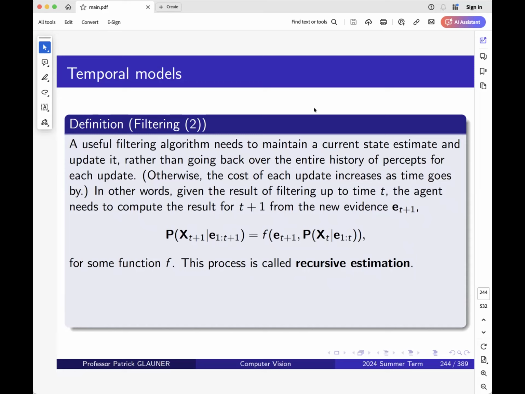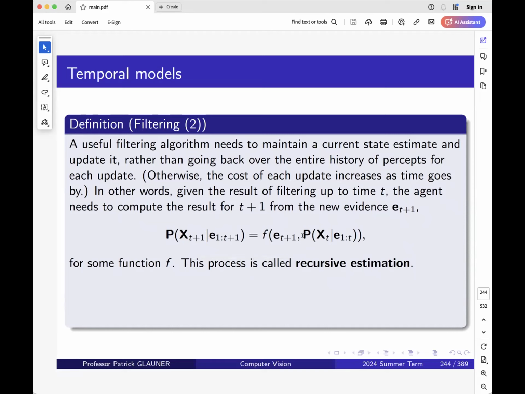I always want to look at the new evidence plus my state variables so far, and I don't want to go back through the whole history for each inference or for each filtering step, because then it would just take longer and longer the more data comes in. So we can try to simplify this a little bit and say, well, what's the distribution of xt plus 1, so at time step t plus 1, given all the evidence from 1 to t plus 1?